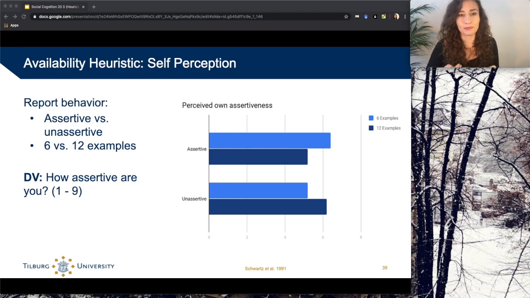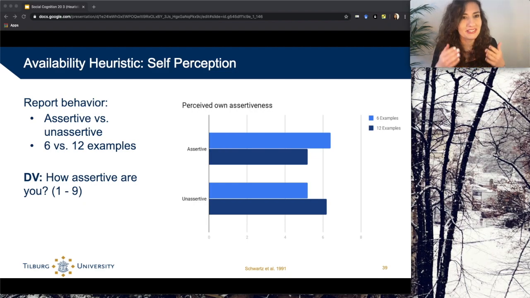For people who were asked to provide examples of them being assertive, and they were asked to give 6 examples, they felt themselves more assertive afterwards than if they had been asked to provide 12 examples. And we can see the flip side. People who were asked to provide 12 examples of being unassertive felt personally more assertive afterwards than people who were asked to provide only 6 examples.